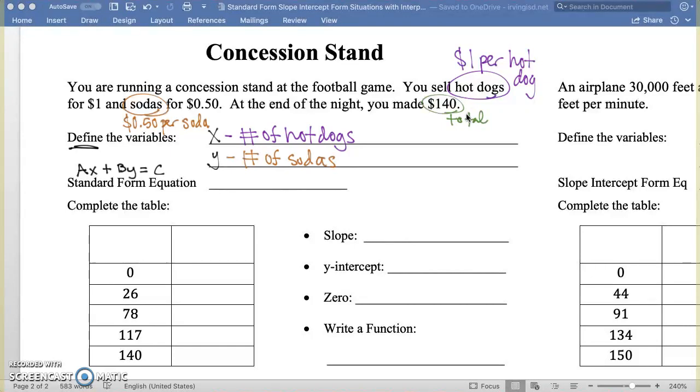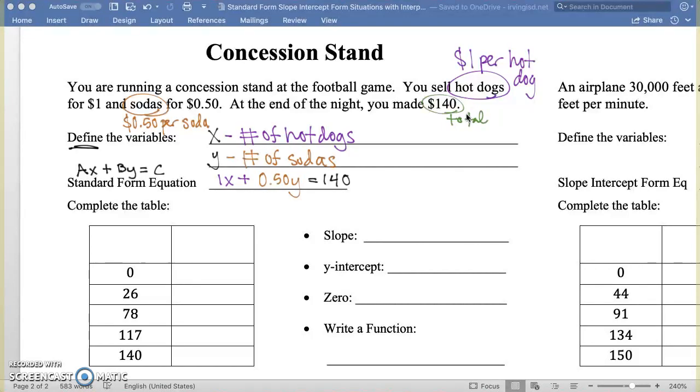B would represent 50 cents because it's 50 cents for each soda. So when I write out my equation, we could put 1x or simply just x, plus 0.50y, and that is equal to 140 because that's the total cost.